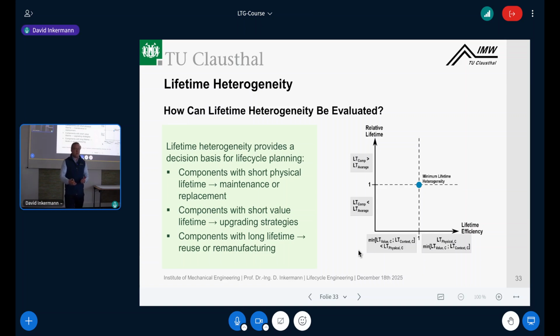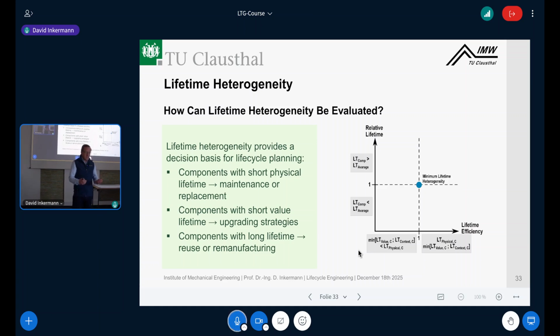Another scenario could be that we have components that are short in value lifetime. This means they are very relevant for the attractiveness of the product, but not from the physical point of view. That is where you could drive an upgrading strategy: replace or change the housing, and therefore make the product more interesting again.